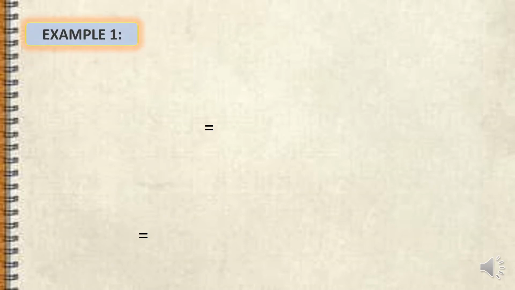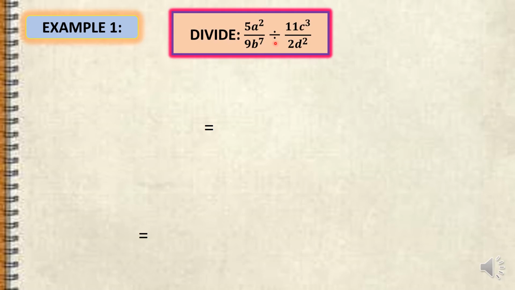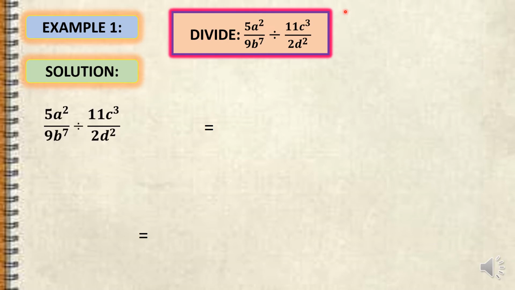Okay, so example number 1. We're going to find the quotient of 5a squared over 9b raised to 7 divided by 11c cubed over 2d squared. So here's our solution. Rewrite muna natin. Before we proceed sa pagkuha ng quotient nito, meron muna tayong gagawin.